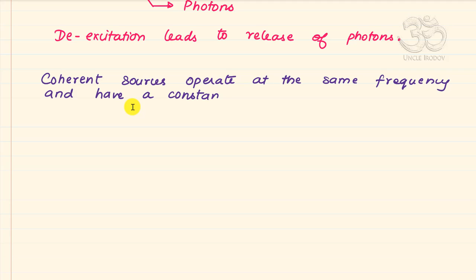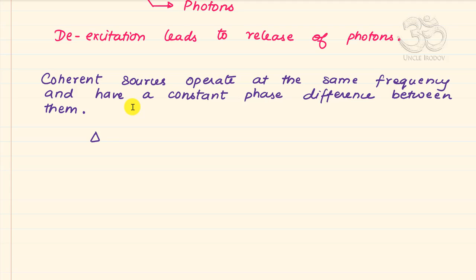It might be non-zero, it may be zero sometimes, but it has to be constant. Constant phase difference between them. And the phase difference between the sources is labeled as the initial phase difference.